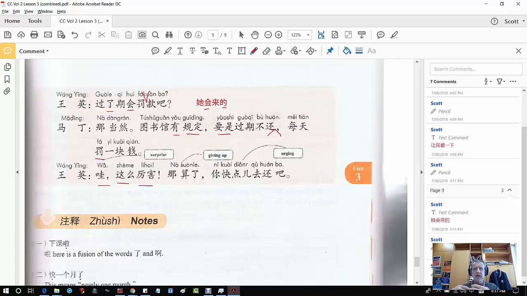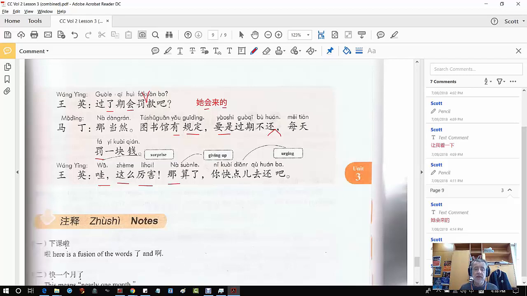Your Chinese is so good. So here it means so like this, okay? And what is the this? 厉害, severe. So talking about the fine, saying, oh wow, it's so severe, 这么厉害.